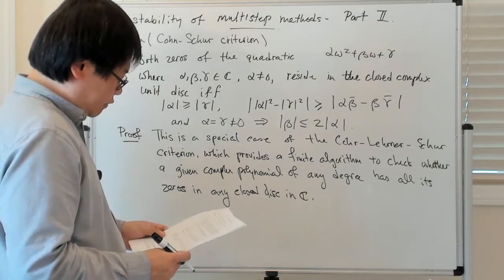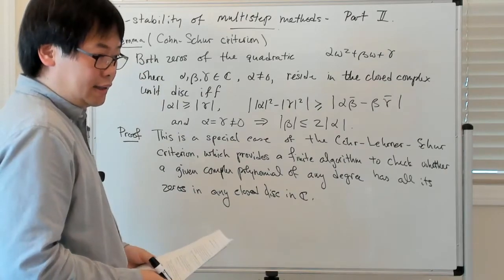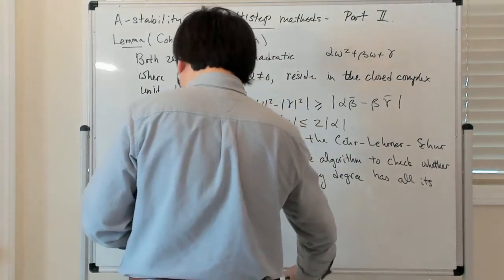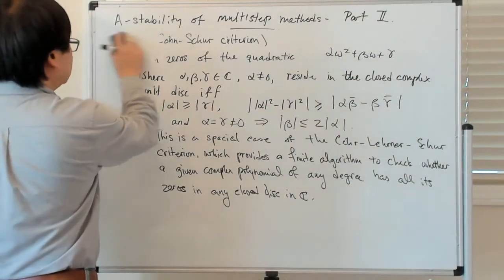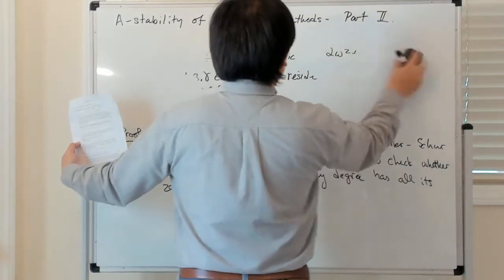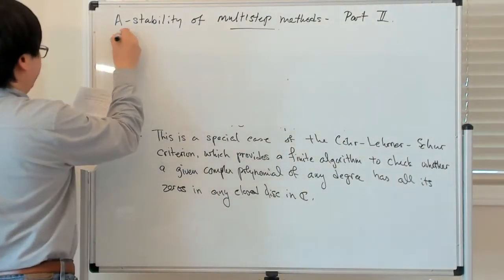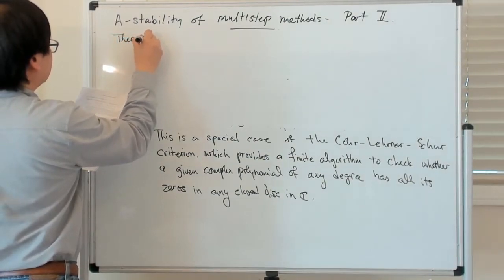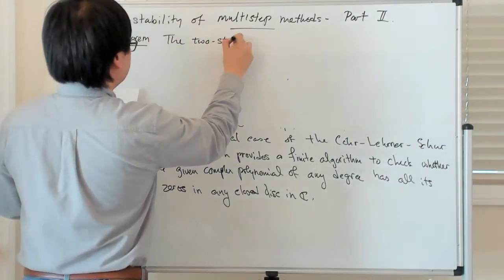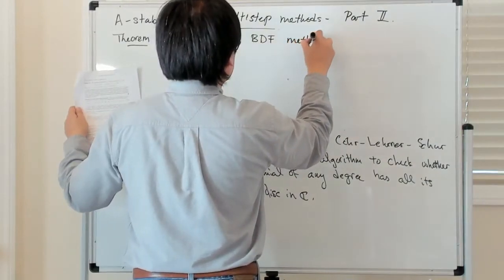The main reason I stated it is because it allows us to say something about the A-stability of BDF2. So let me state the theorem for BDF2. The theorem is that the two-step BDF method is A-stable.